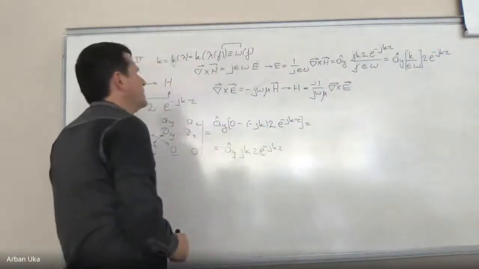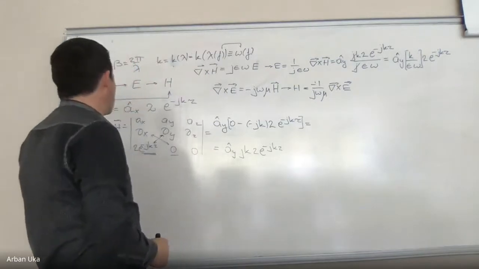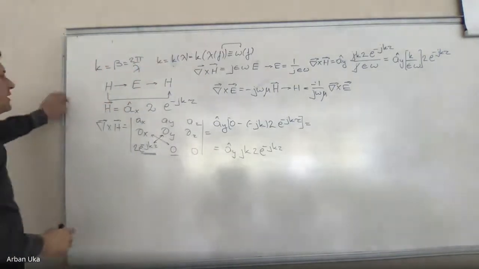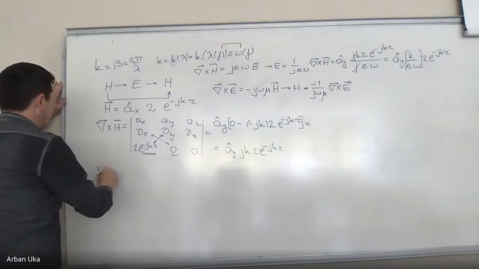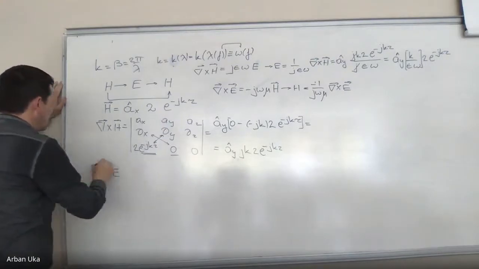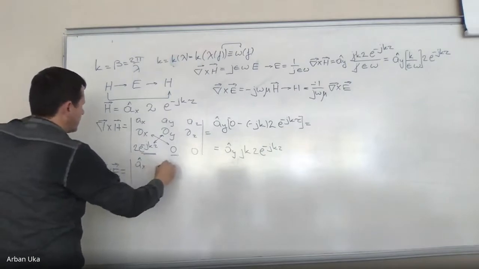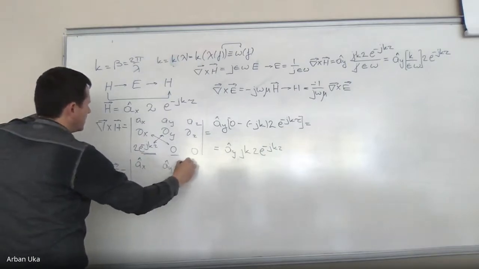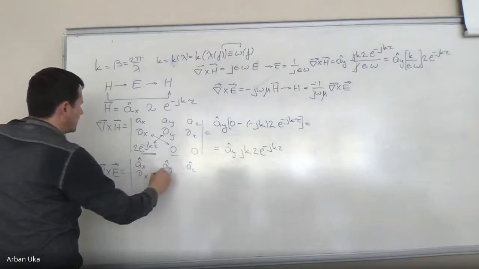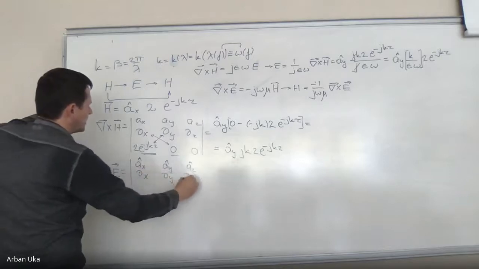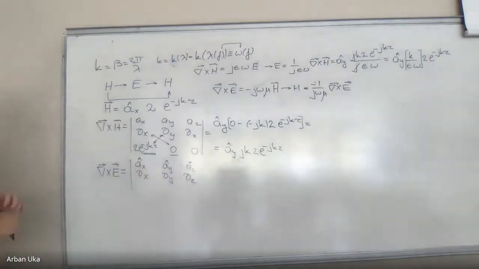Now that we have this e, we can calculate the curl of e. To find the curl of e, this will be equal to ax, ay, and az. Here we have a derivative with respect to x, derivative with respect to y, and with respect to z.